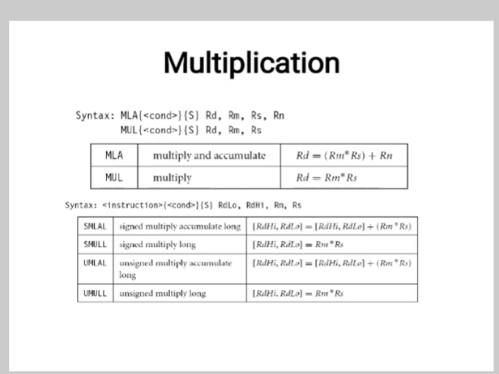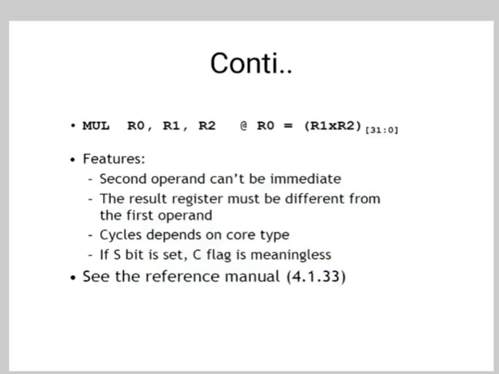Multiplication of two 32-bit integers gives a 64-bit result. The least significant 32 bits of which are placed in the result register and the rest are ignored. So if the multiplication is R0, R1, R2, then R0 is equal to R1 into R2, bits 0 to 31.